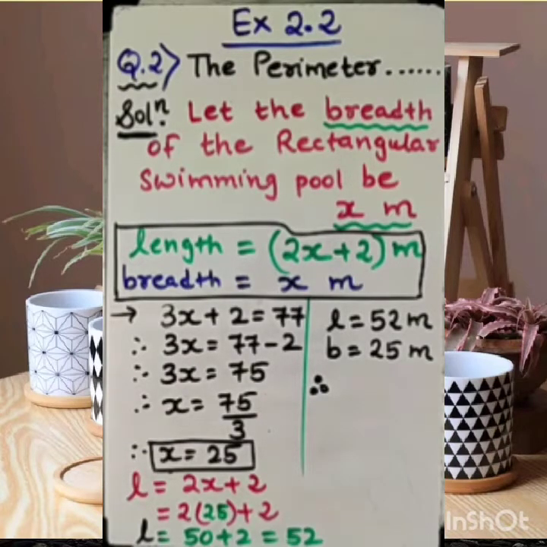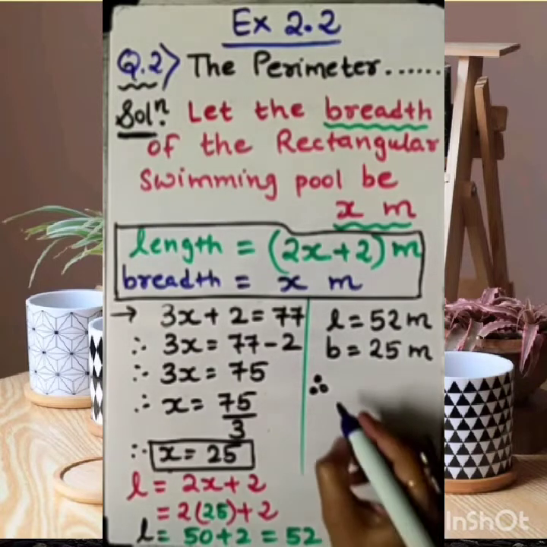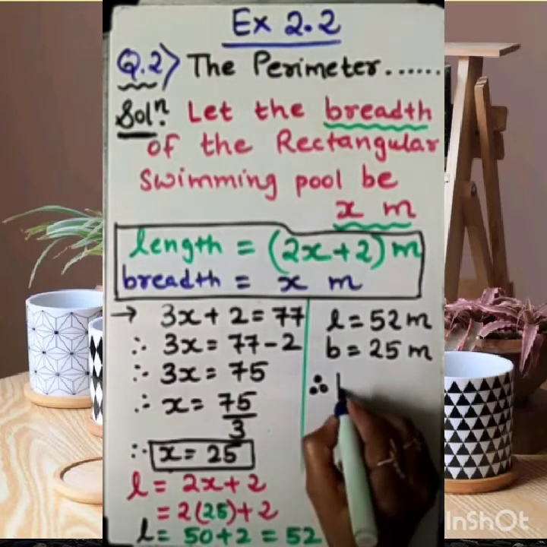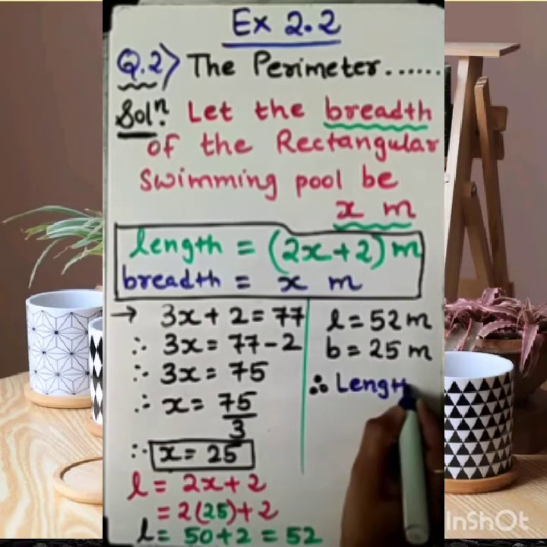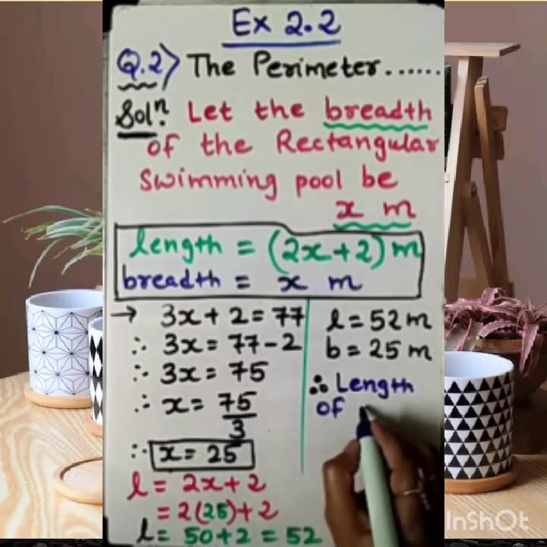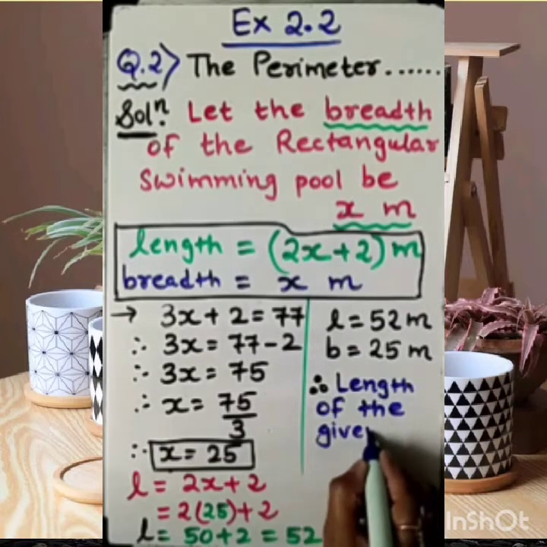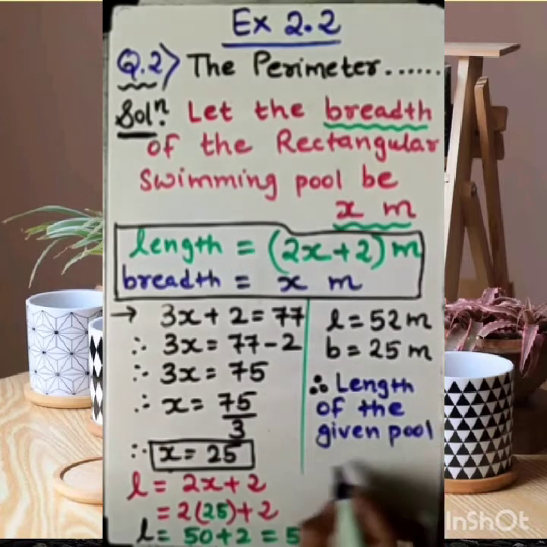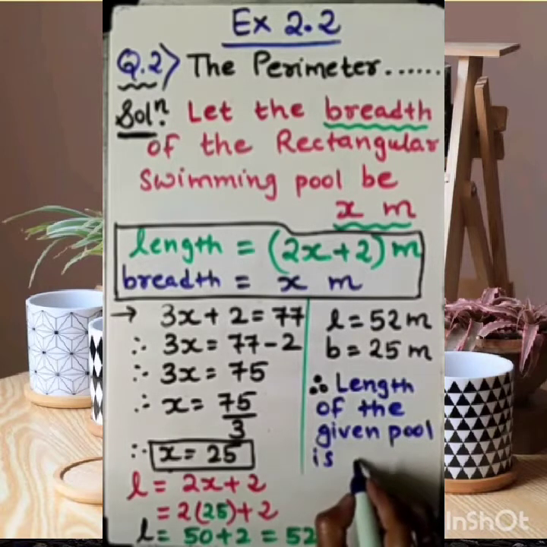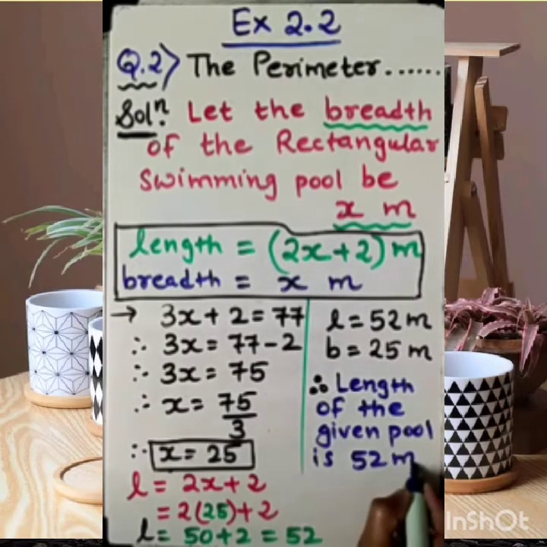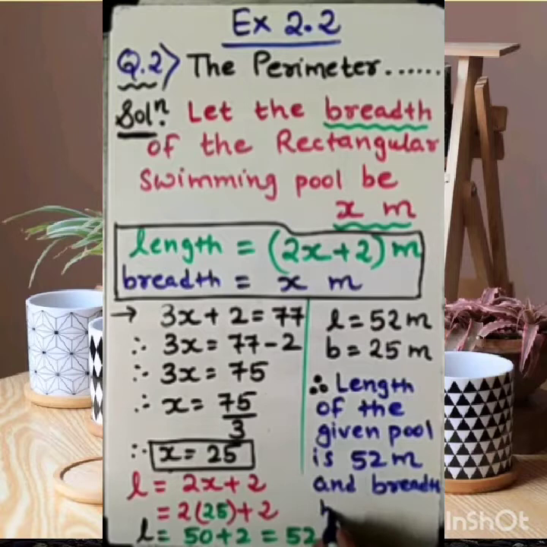The length of the given pool is 52 meter and breadth is 25 meter.